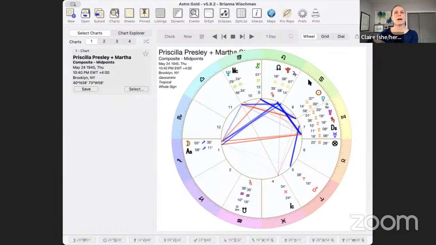So this is kind of our first differential factor: do you care about midpoints? There are whole branches of astrology that use midpoints, and I don't know much about them yet, at least at this part of my journey. But if you're into that, then using the composite chart for relationships makes a lot of sense for you.